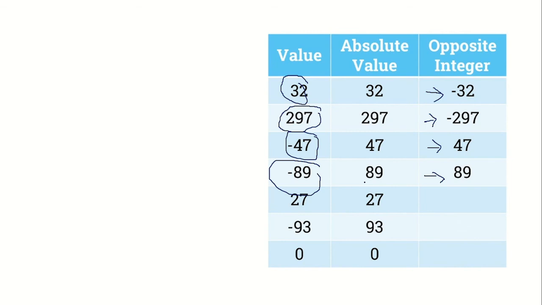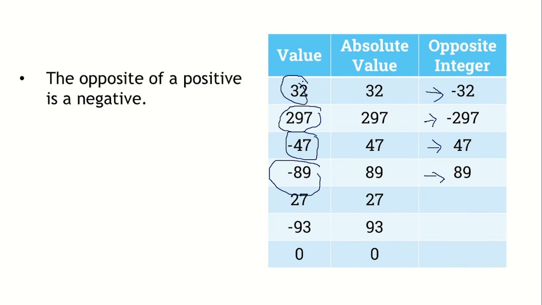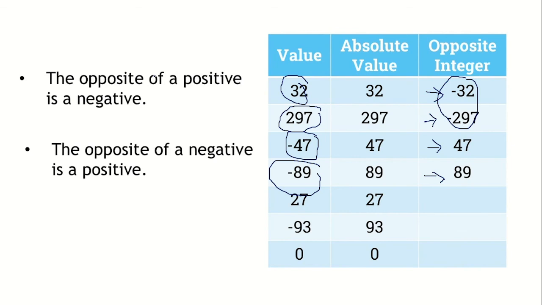If you notice, the only difference between the given and its opposite is its sign. So if the given is positive, then its opposite integer would be negative. 32 to negative 32. Then if the given is negative, the opposite would become positive.